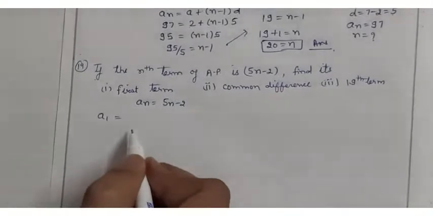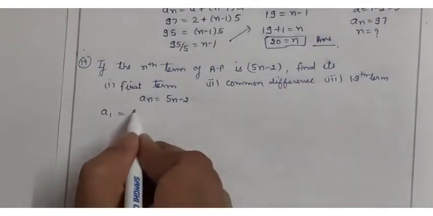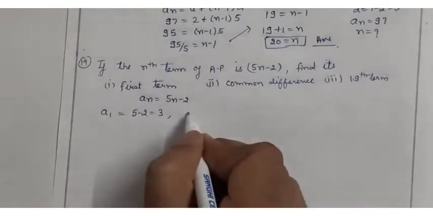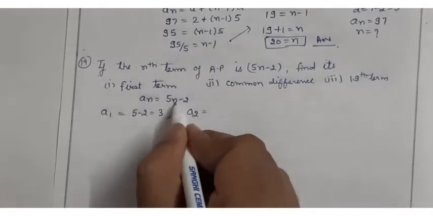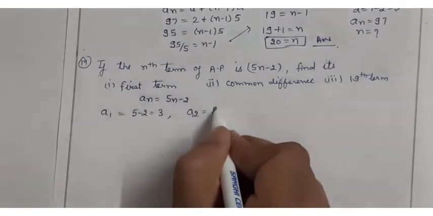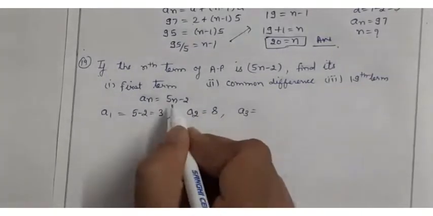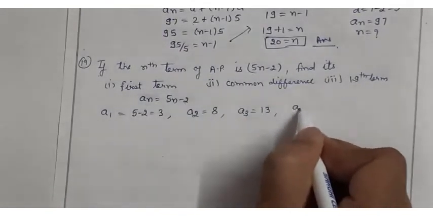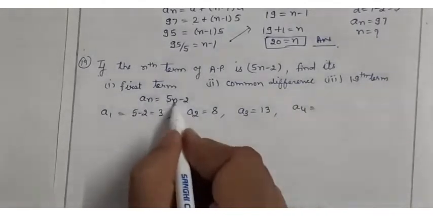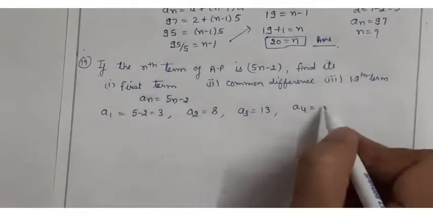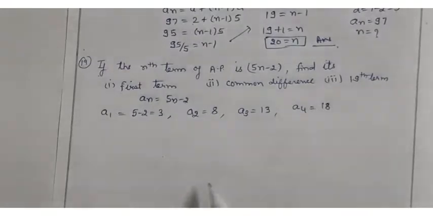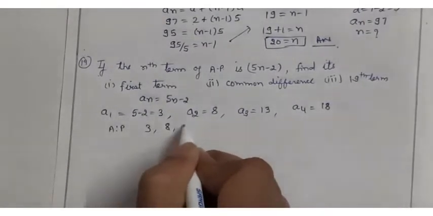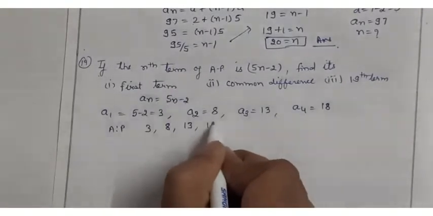If n is equal to 1, then 5 into 1, 5, 5 minus 2 is 3. n is equal to 2, a2 will be 5 into 2, 10, 10 minus 2, 8. a3 is 5 into 3, 15, 15 minus 2, 13. One more you can get. a4 is 5 4s are 20, 20 minus 2, 18. Now your AP is 3, 8, 13 and then 18.